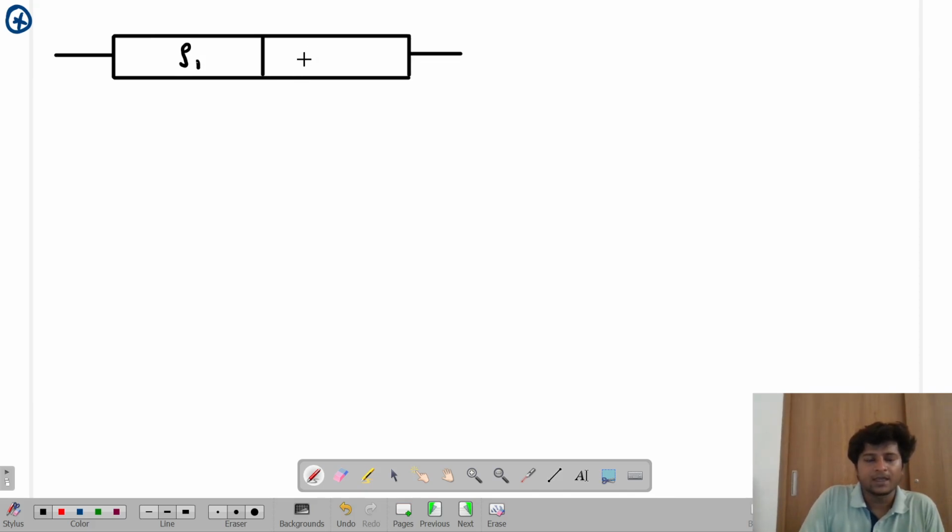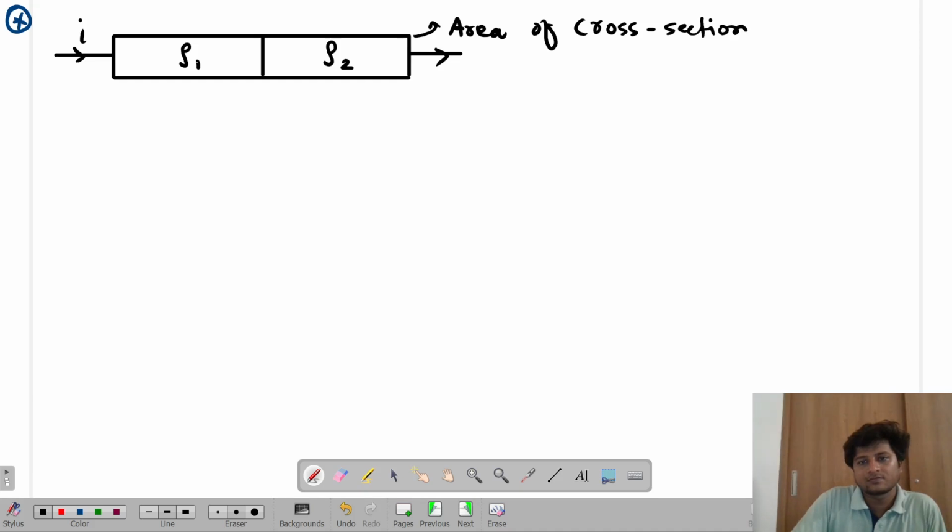So look over here. There is a box which is made up of two different materials of resistivity rho 1 and rho 2. Are you able to get me or not? And a current I is passed through this box, and this has area of cross section how much? A, both. Yes. Area A. Got it.